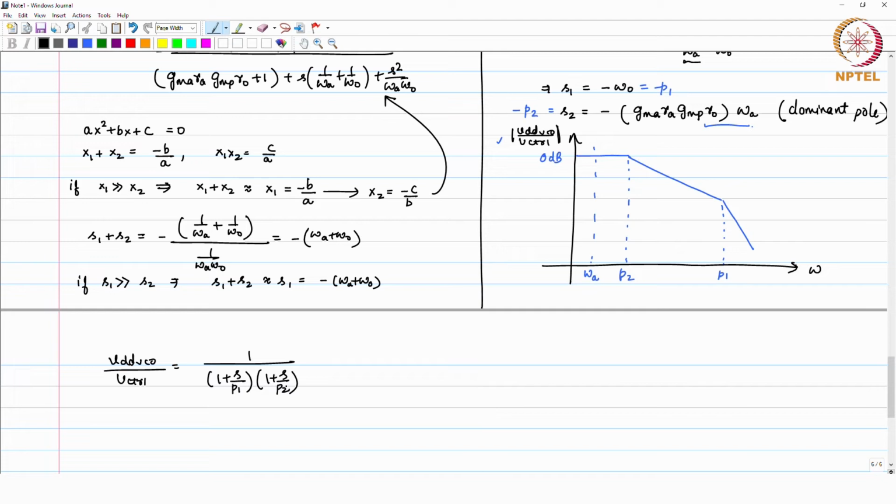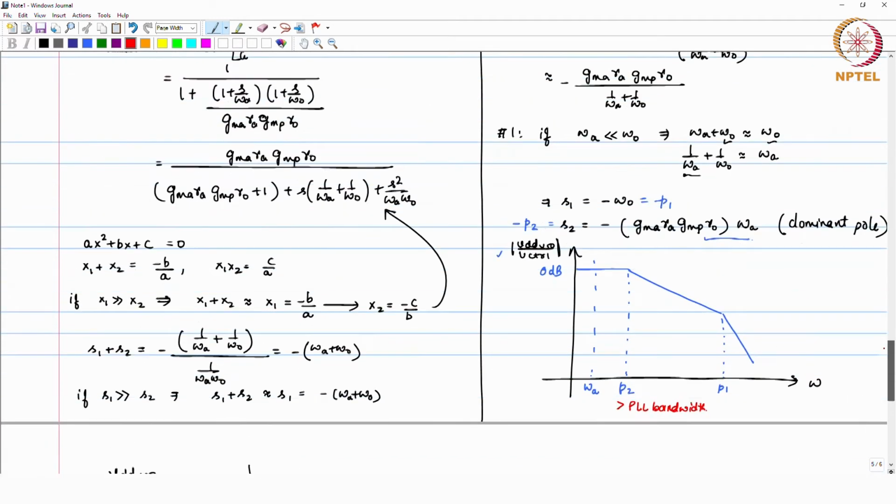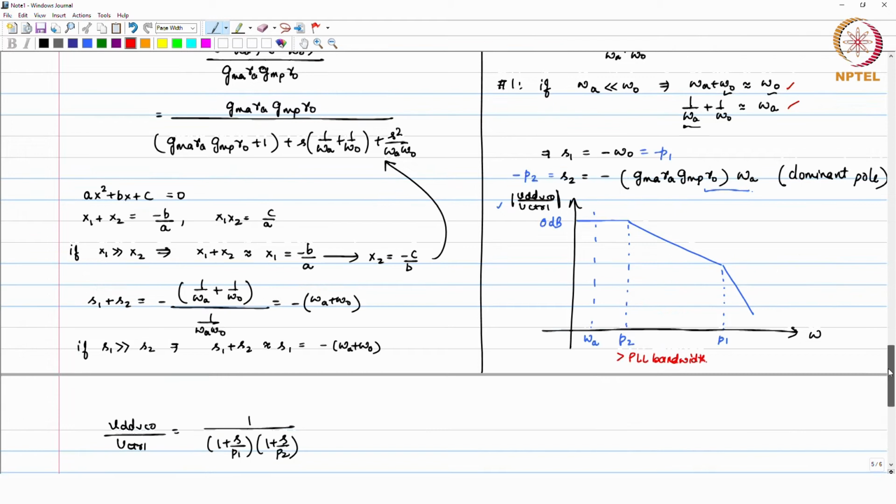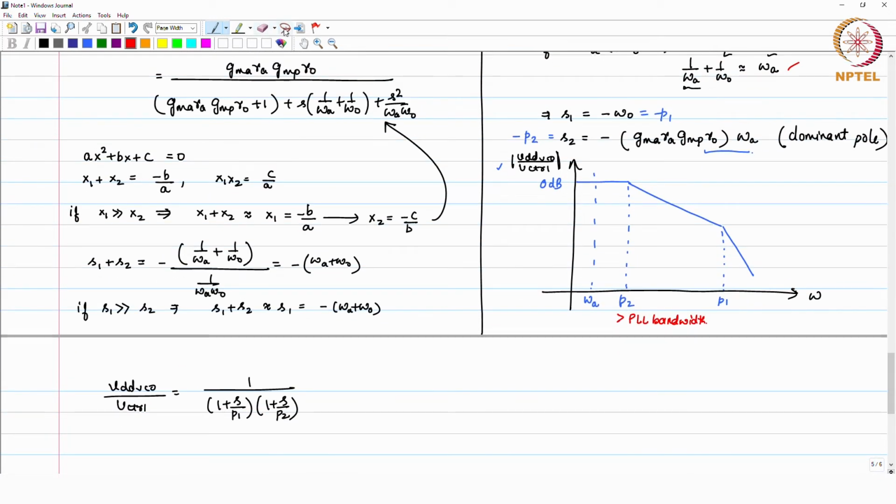Our regulator, this is the VCO regulator, so the regulator bandwidth has to be larger than the PLL bandwidth. Your omega A and omega O will just exchange roles if I say that omega O is going to be dominant. In another case, everything else will remain the same.